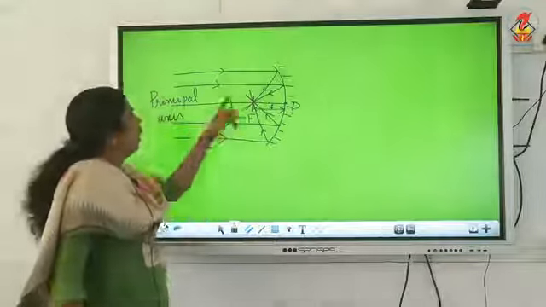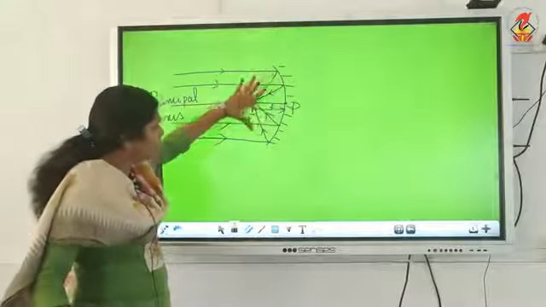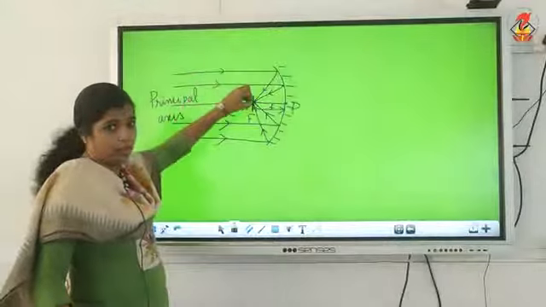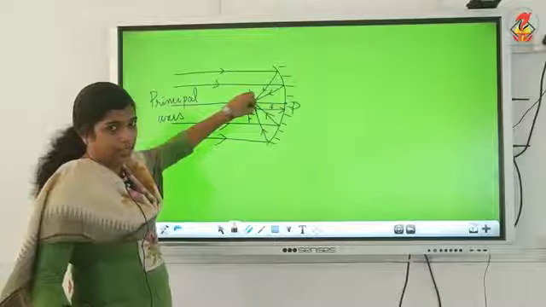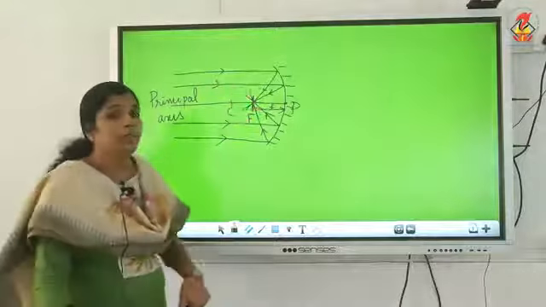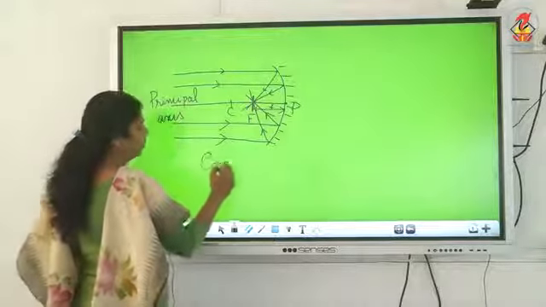Here, all the light rays will converge to a point on the principal axis. So, a concave mirror is also known as a converging mirror.